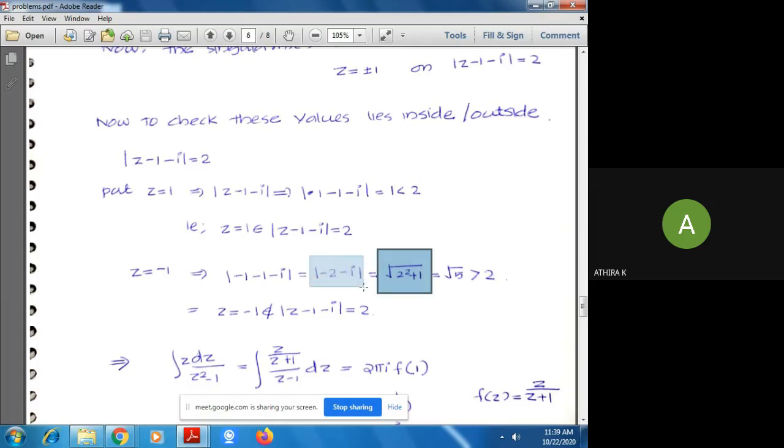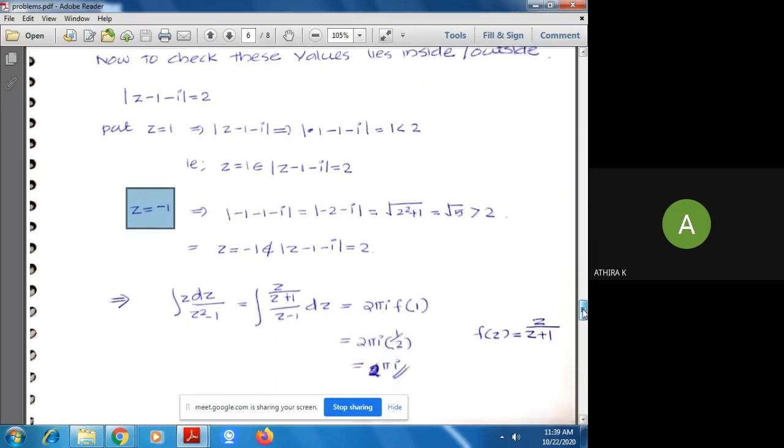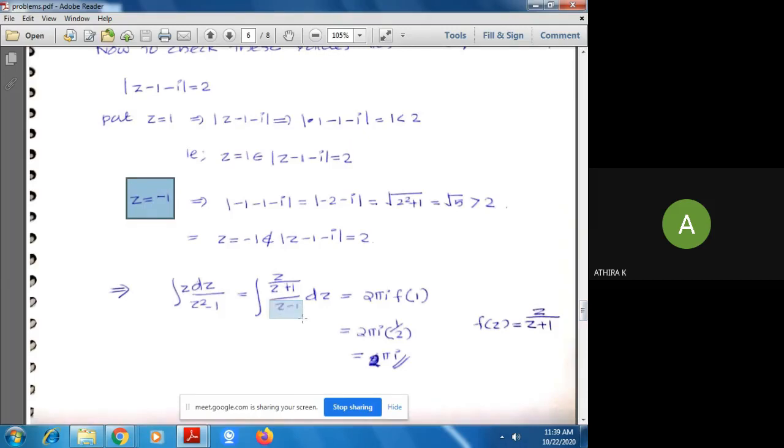So modulus of minus 2 minus i is equal to root of 2 square plus 1, that is root of 4 plus 1 equal to root 5, which is greater than 2. So z is equal to minus 1 lies outside the circle. So we fix z minus 1 in the denominator and choose all other terms as f of z and evaluate using our Cauchy's integral formula.